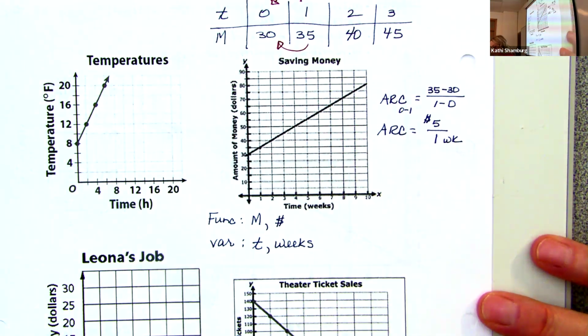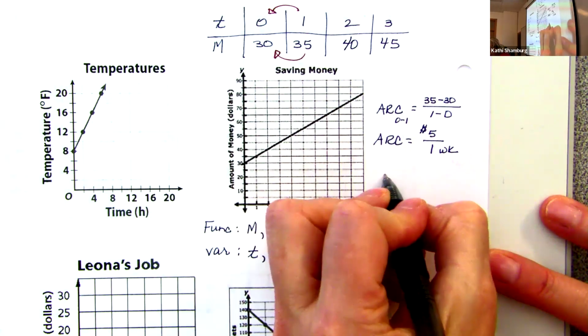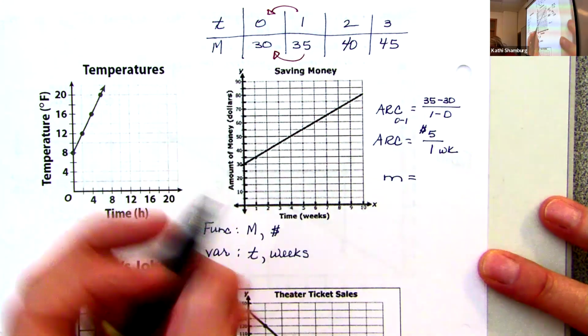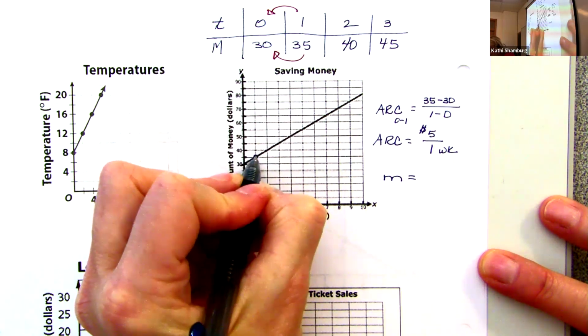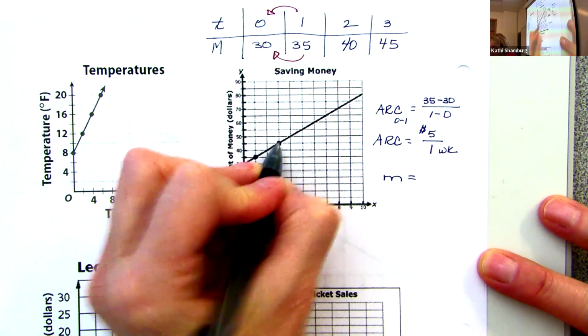Okay. Now, that's using the process of average rate of change. I want to show you that that still holds true even if we were looking at rise over run. I'm going to choose this point right here, and I'm going to choose this point right here.